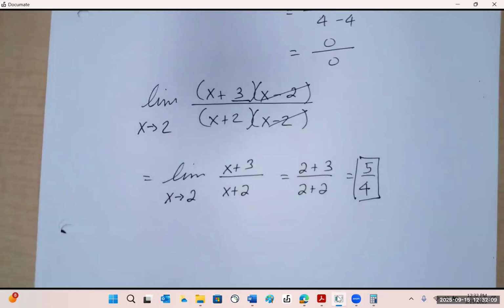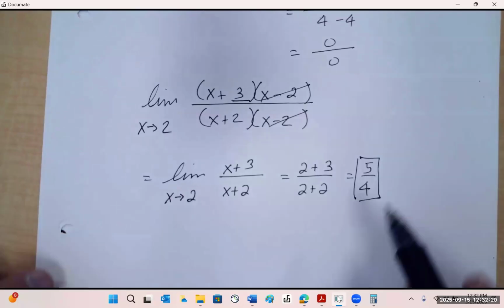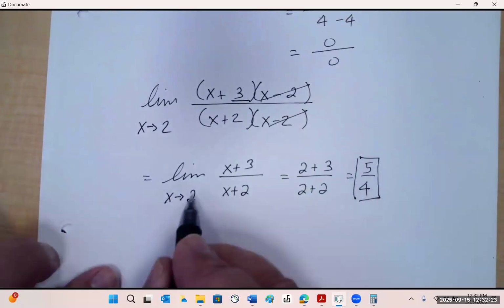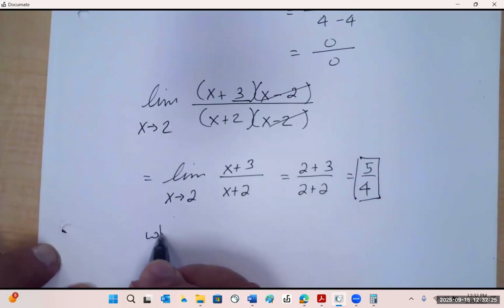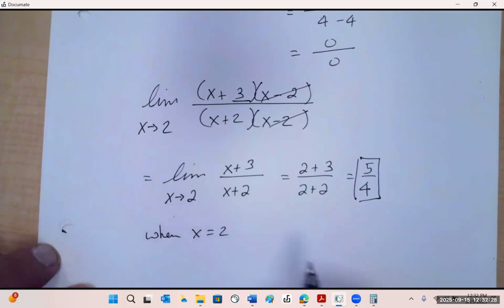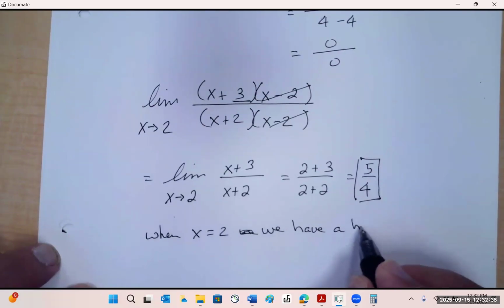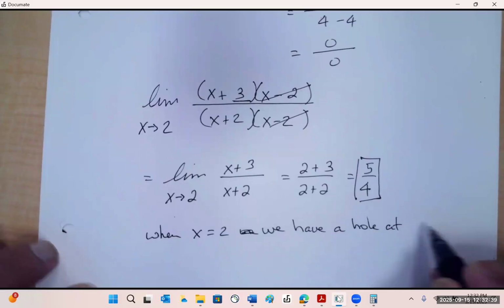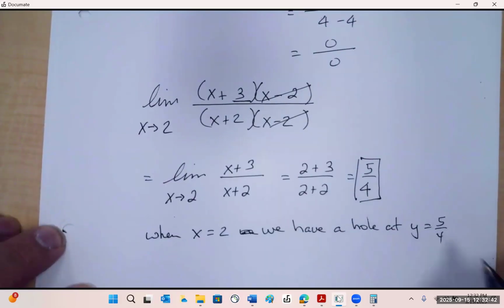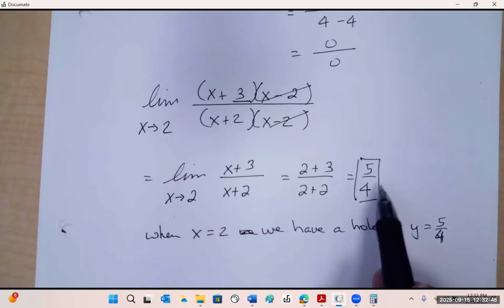We find these things, but what does this number represent in this equation? What this number represents, remember, when x equals 2, we have a hole at y equals 5/4. So that's the location of our hole.